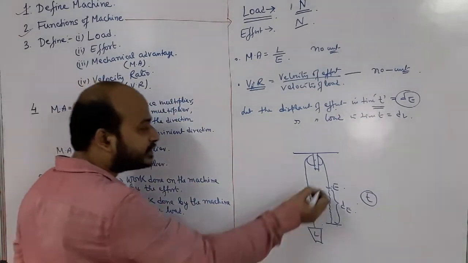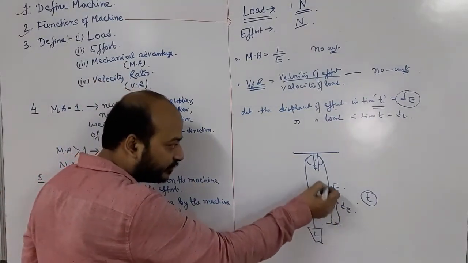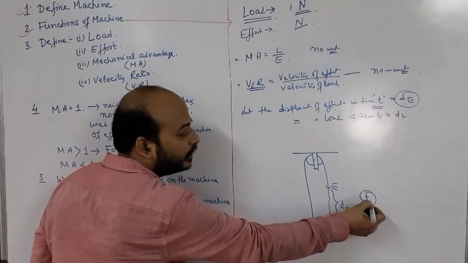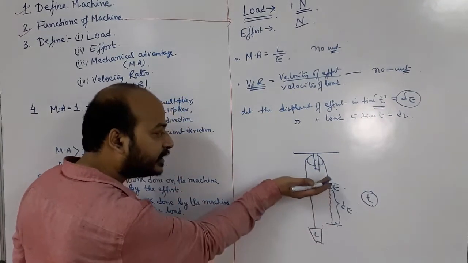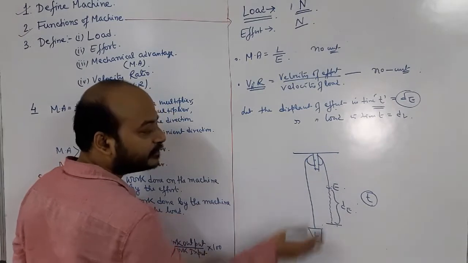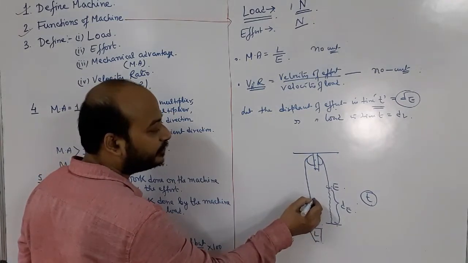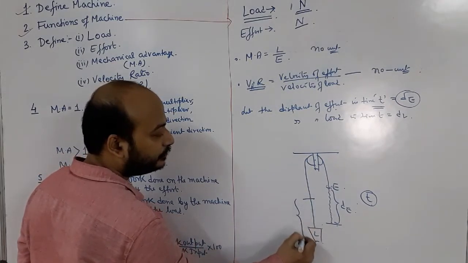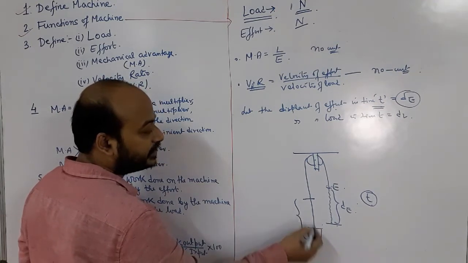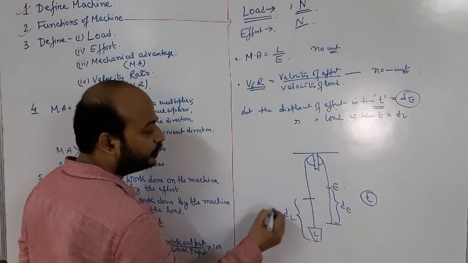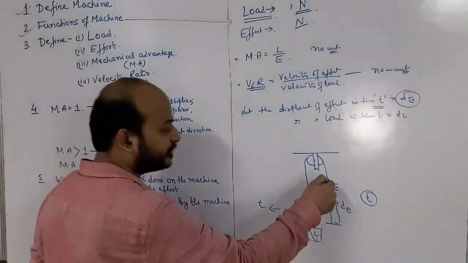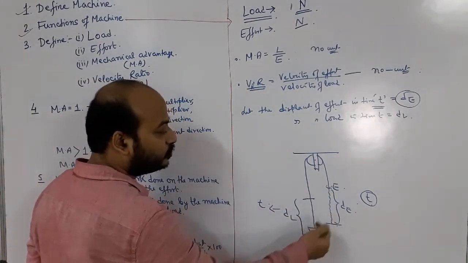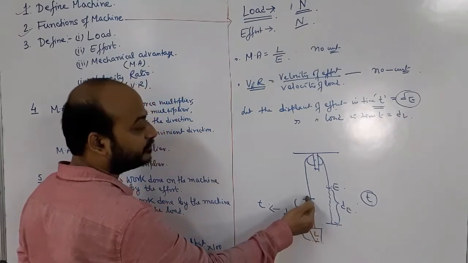Understand? As long as the effort is moving from here to here in time t, the load will also move in the same time t. And suppose the load is moving from here to here. So this is the displacement of the load in time t. So this is the displacement of the effort, and this is the displacement of the load.